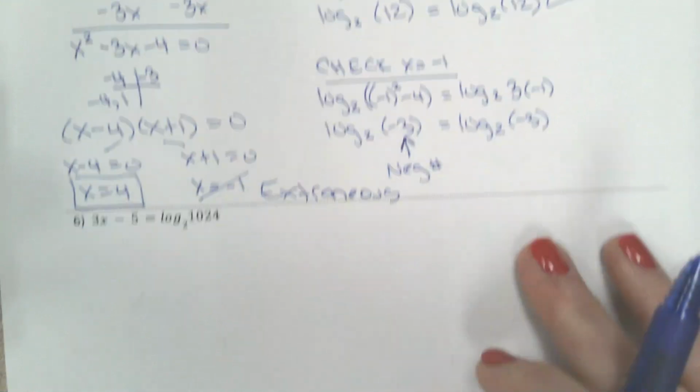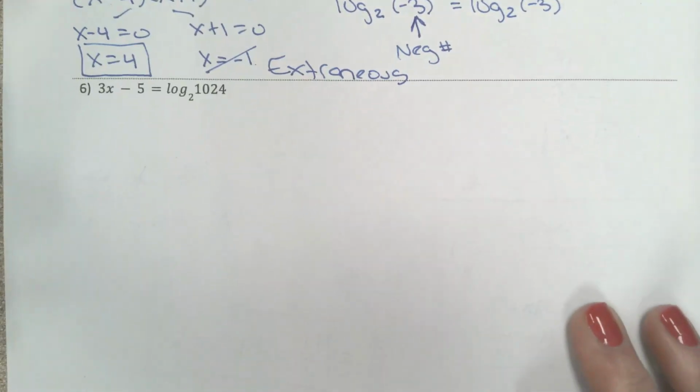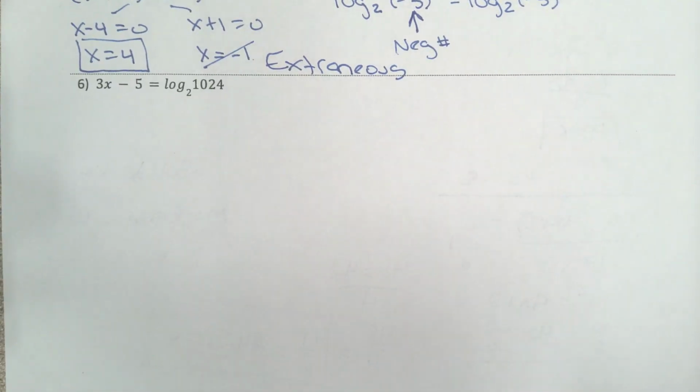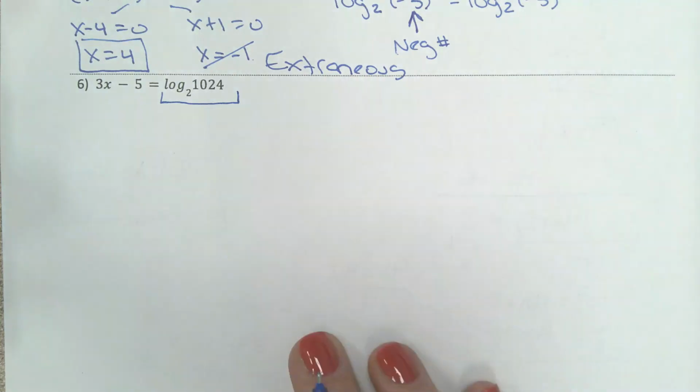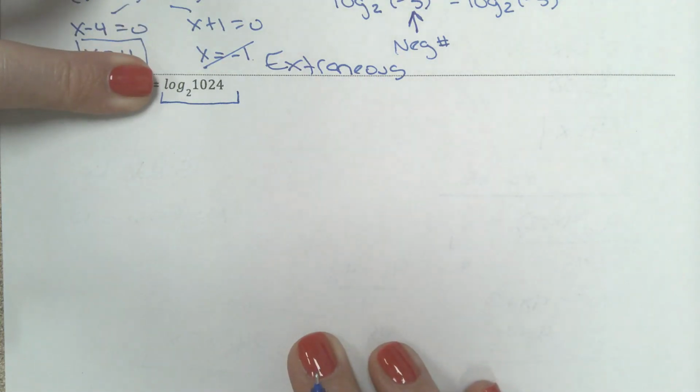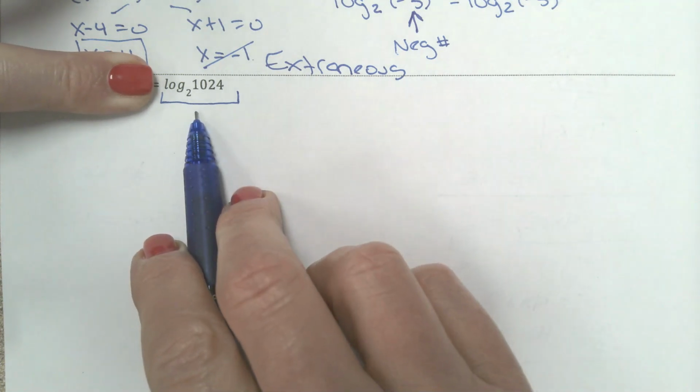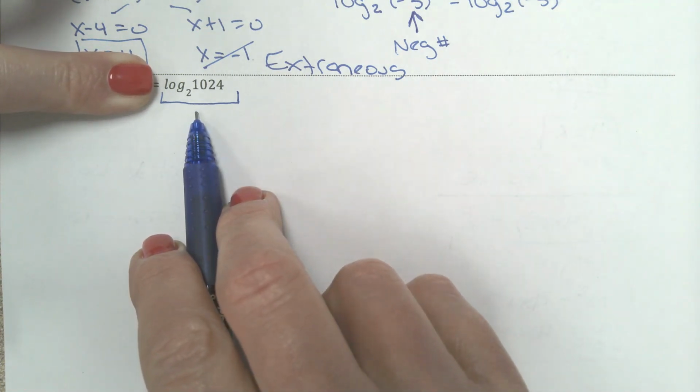One more. All right, there's lots of ways to do this problem. I'm going to show you the easiest one. On the quiz that you just took, you had to evaluate log base 2 of 1024.